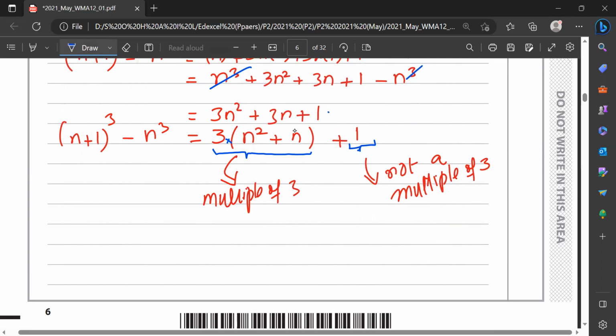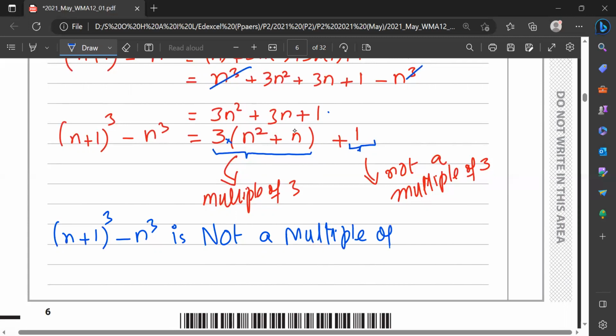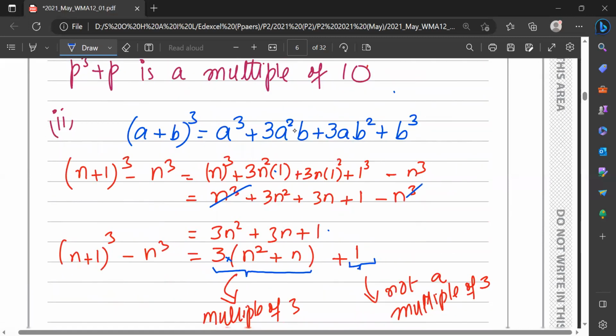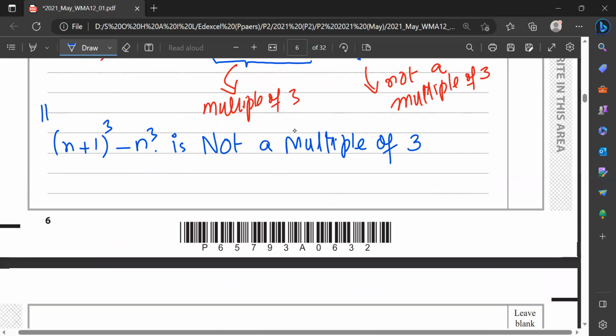So overall, you can say that (n plus 1) whole cube minus n cube is not a multiple of 3, or is not divisible by 3. Hence, this is not a multiple of 3 for n belongs to the natural numbers.